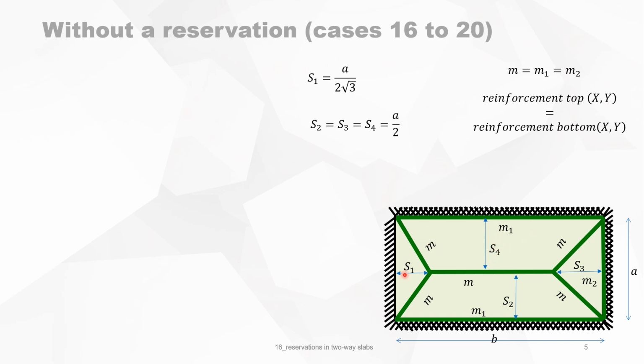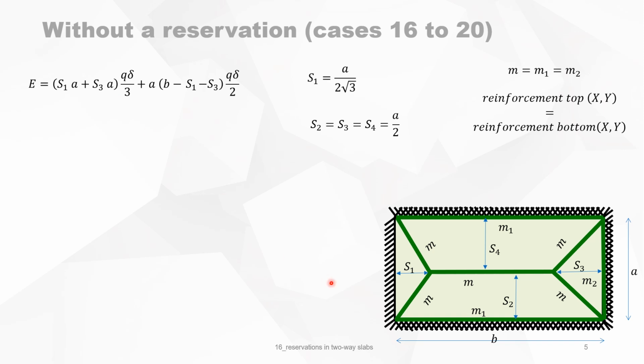Then for S1, we know that S2 and S3 are a over 2, and S4 is a over 2, and S1 is this value. And now we will calculate the work done by the external forces. This is a summation of triangles and a summation of rectangles.